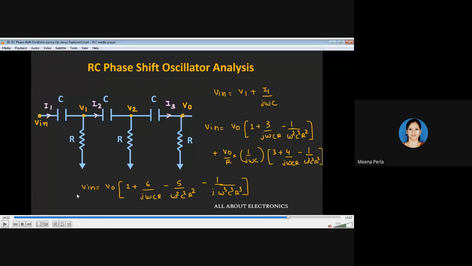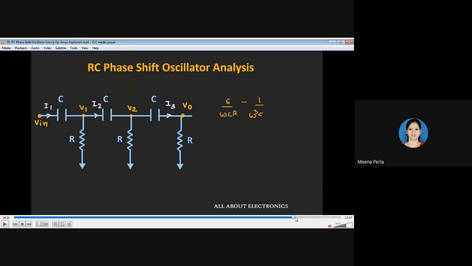So after writing this equation, we need to consider imaginary terms to be equal to 0. So your imaginary terms, we are going to set to 0. The imaginary terms we have are 6 by j omega CR and 1 upon j omega cube C cube R cube, right? So we are going to make these terms 0.